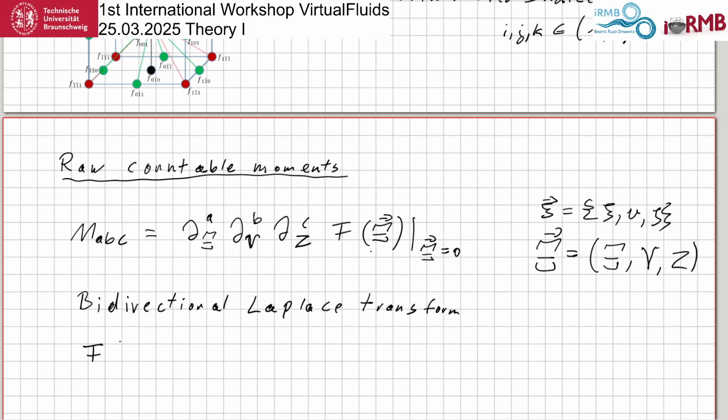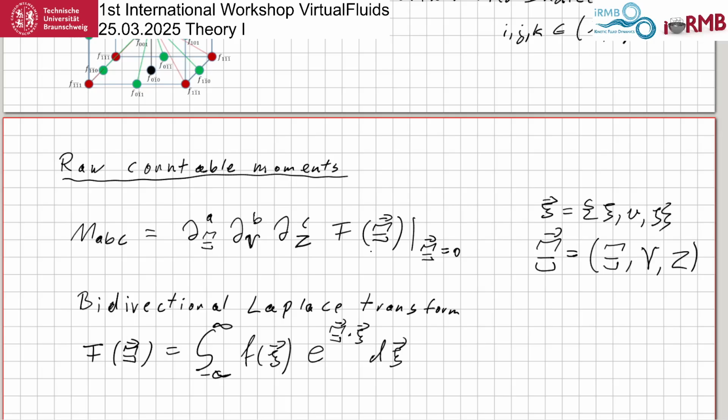So this f of capital Xi is bidirectional, so it goes from minus infinity to infinity over f as a function of the velocity. Now we have discrete velocity, but this is also true for non-discrete velocity, times e to the power of capital Xi times small xi, complex frequencies, integrated over all three directions.